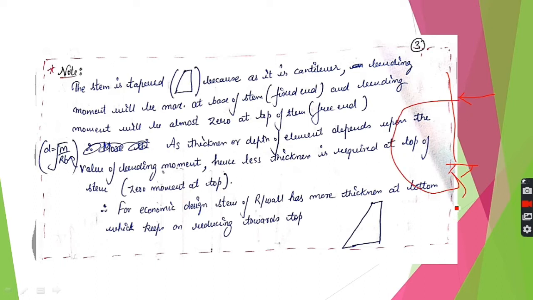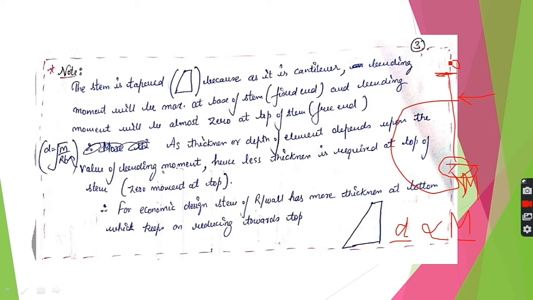If you calculate the moment diagram, the maximum moment will be here, and up to the free end the moment will be 0, because at a free end the moment is 0, and here the moment is maximum, that is M. We know that D is directly proportional to M, that is, thickness is directly proportional to moment. So more moment will lead to more thickness, hence more thickness is required here. But zero moment does not require much thickness, so for economy we reduce the thickness here.